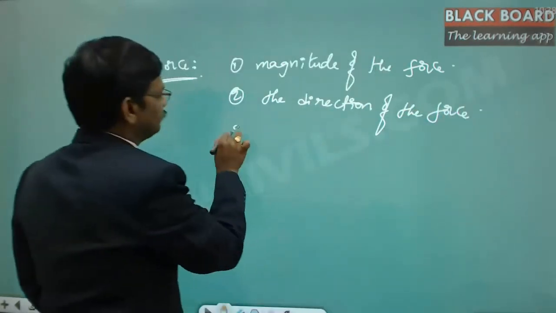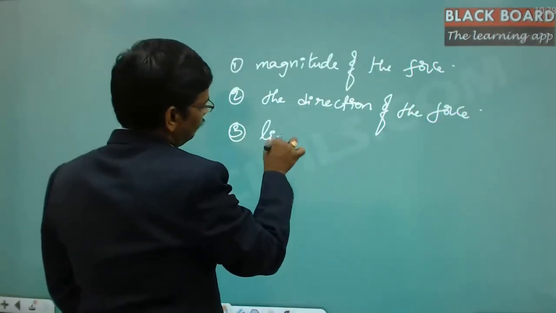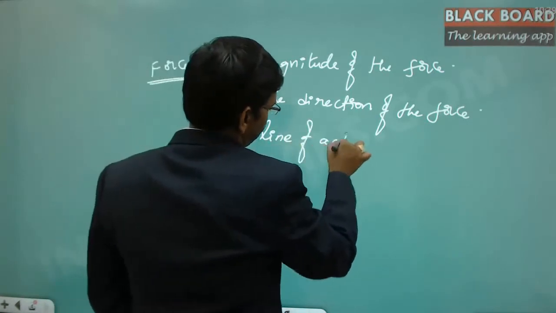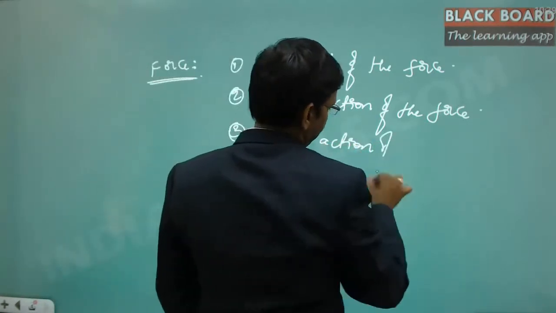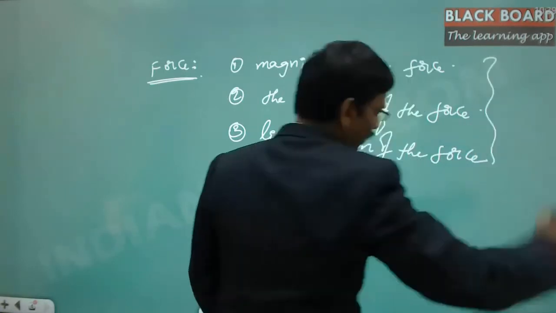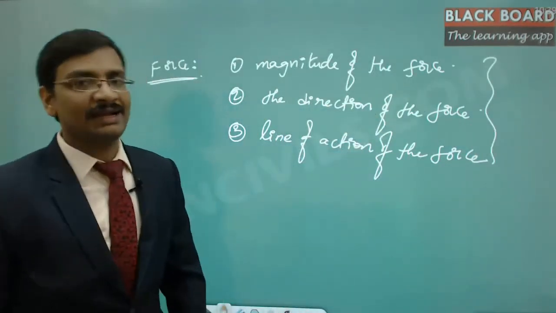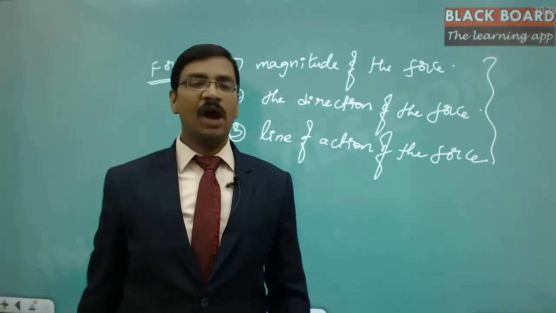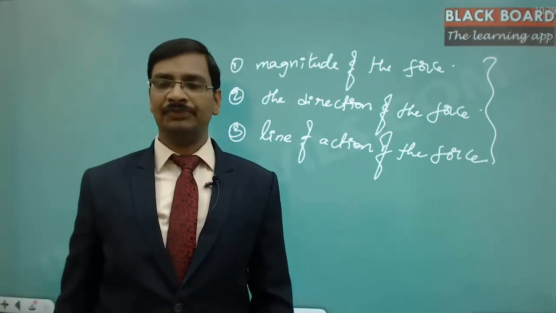And the third one is the line of action of the force. So these are the three fundamental characteristics of the force which will have a lot of effects on the body, right?